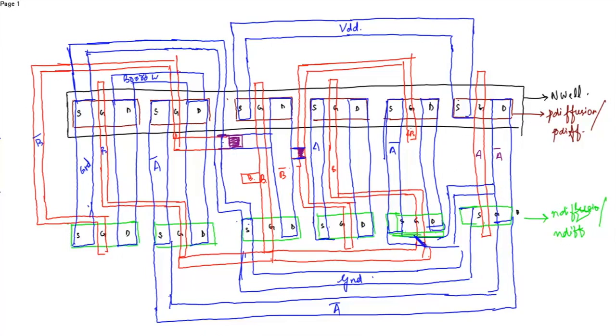Now A bar is connected, but A can be connected from this side to here.